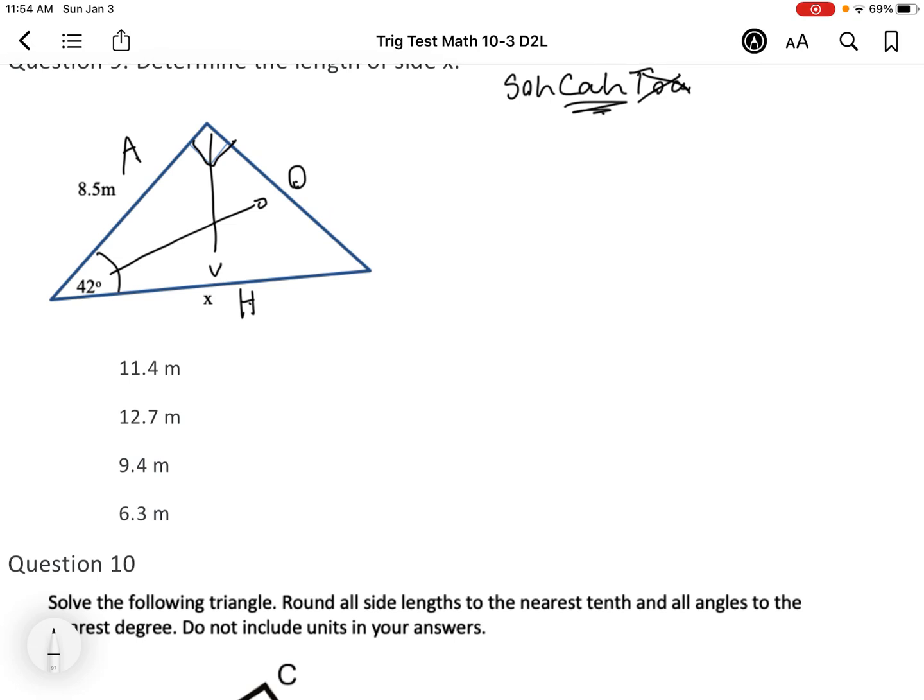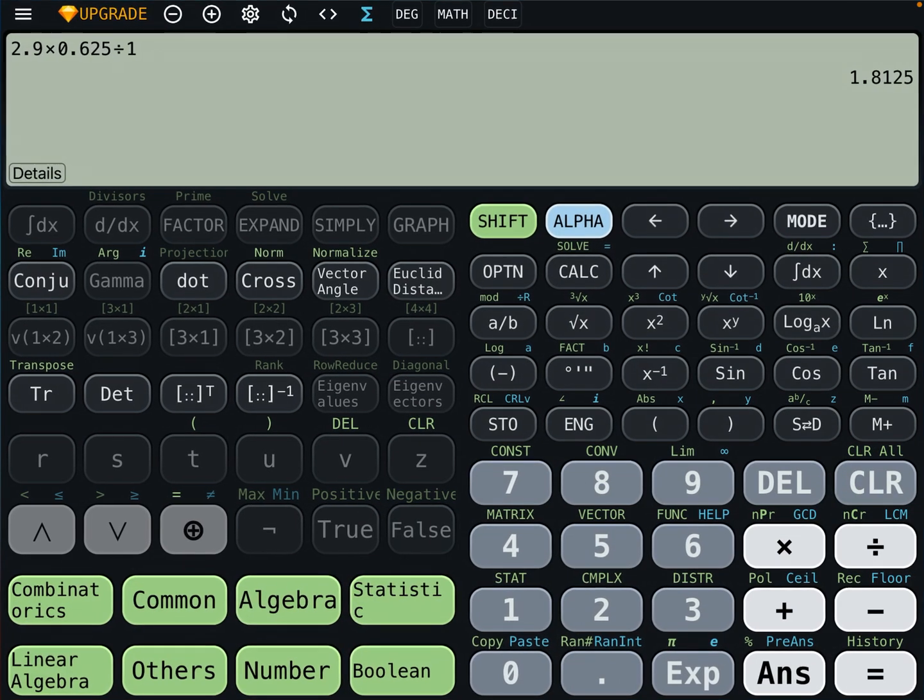Okay, so I did labeling, I picked my trig ratio, and now I'm going to write out that trig ratio and fill in what I know. So the cosine of 42 degrees equals adjacent 8.5 over x. And again, I'm going to access the cosine of 42 degrees by using my calculator.